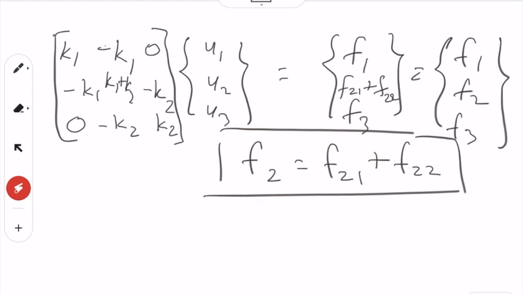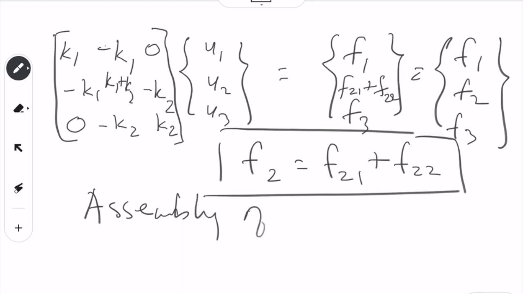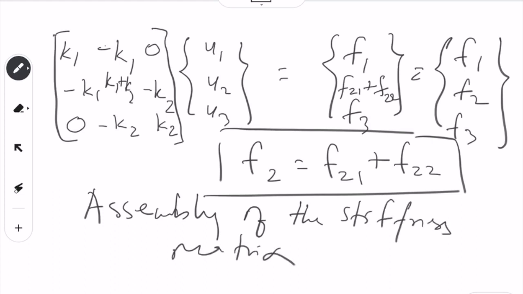You are combining the two into one, right? Okay, so this is what is known as assembly of the stiffness matrix. We have assembled them together.